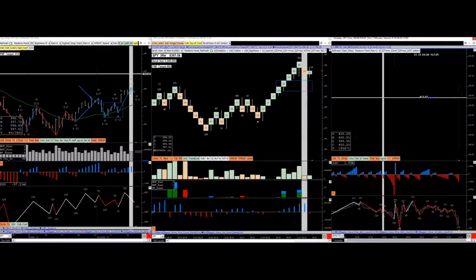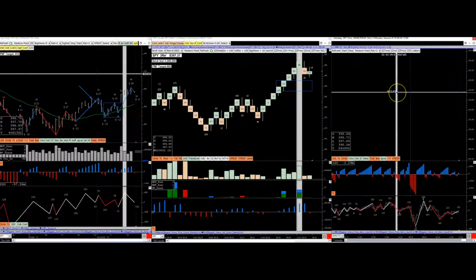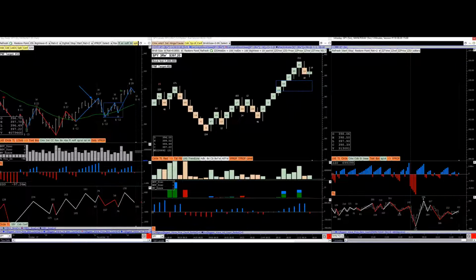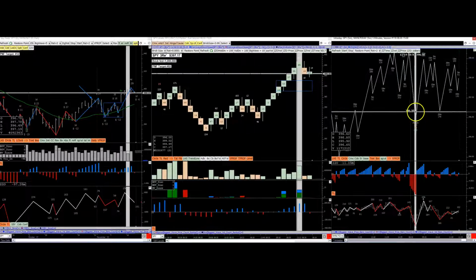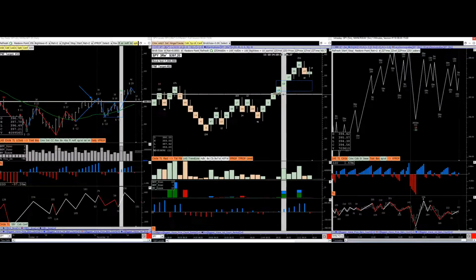Lower time frame, in my opinion, if you're just using that, I don't think you can make money. Because there are too many influences from higher time frames to manipulate the direction.